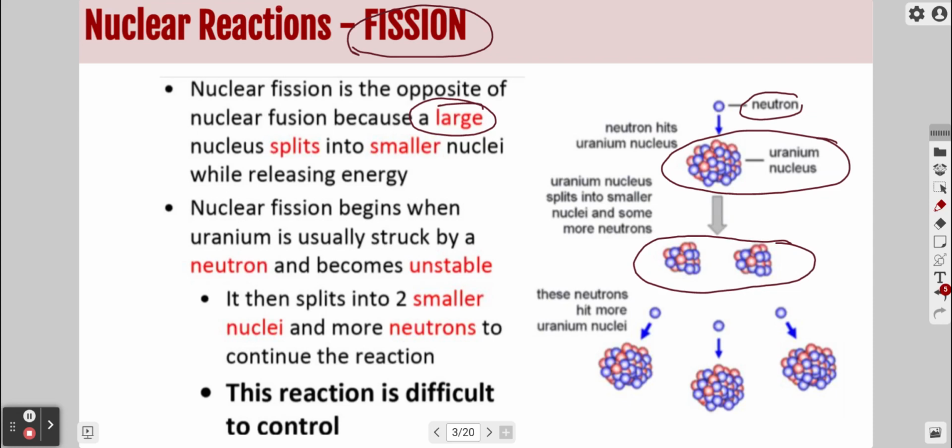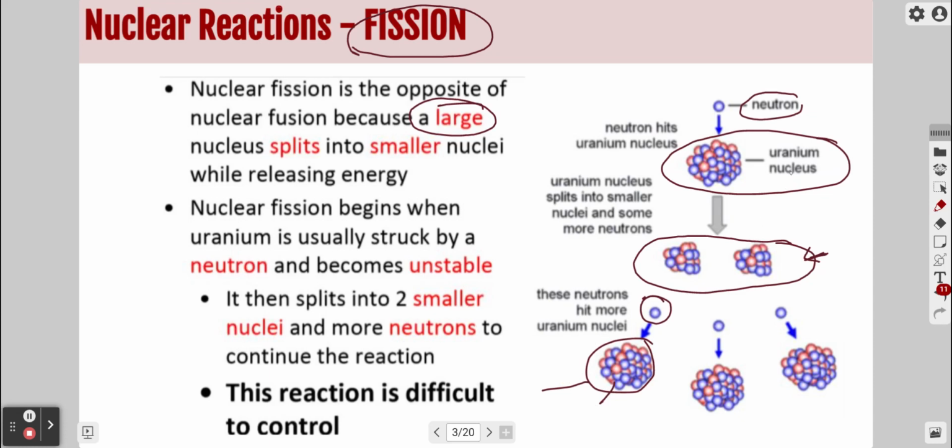These nuclei are unstable, and they can hit more nuclei, so it's like a reaction that keeps going, a chain reaction. It's very difficult to control this reaction because they're so unstable.